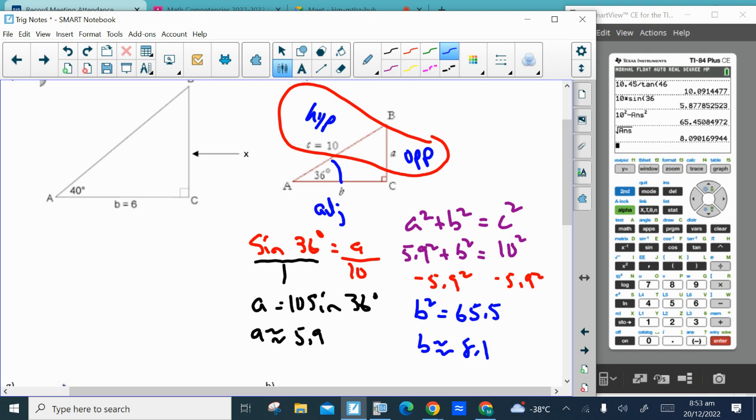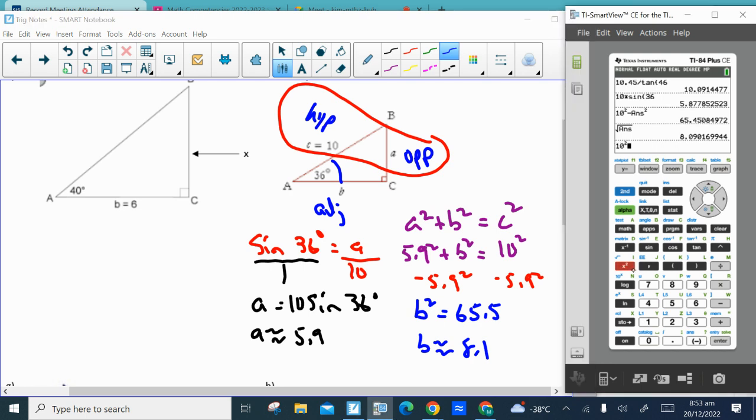Now again, if we didn't keep the entire 5.8778, etc. in our calculator, let's see if it'll make a difference. If we just went 10 squared minus 5.9 squared, it gives us that number, and when we take the square root of that, in this case, it actually doesn't make a difference.